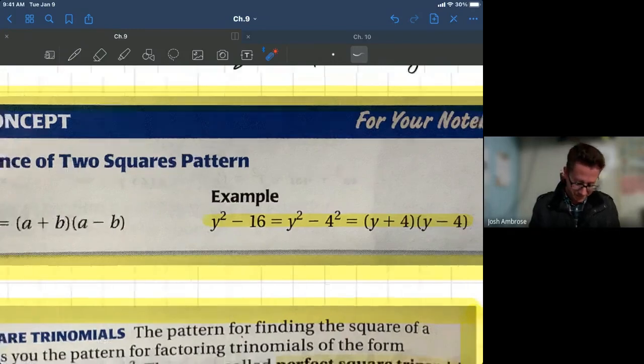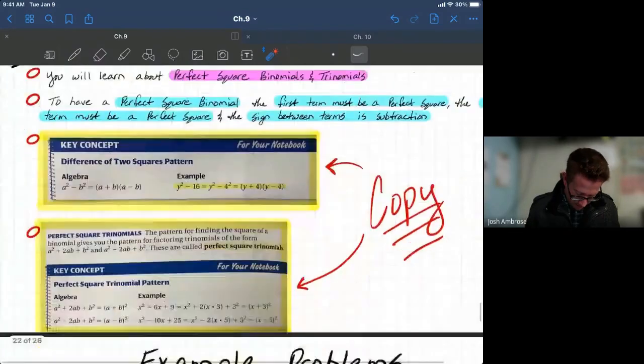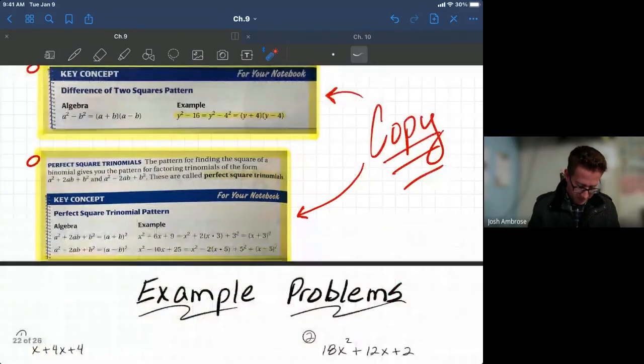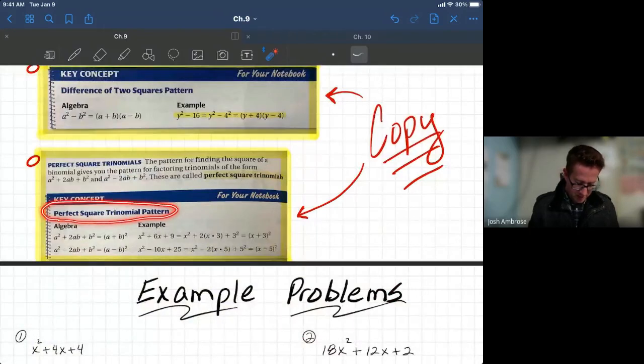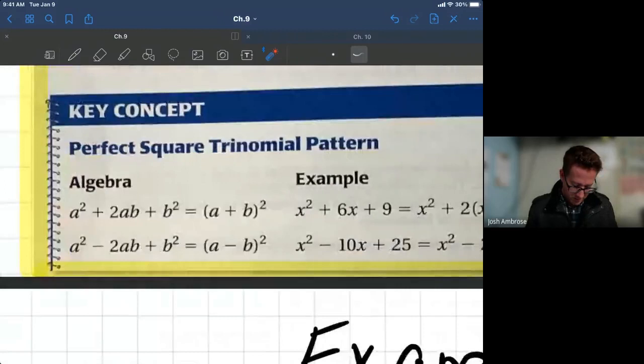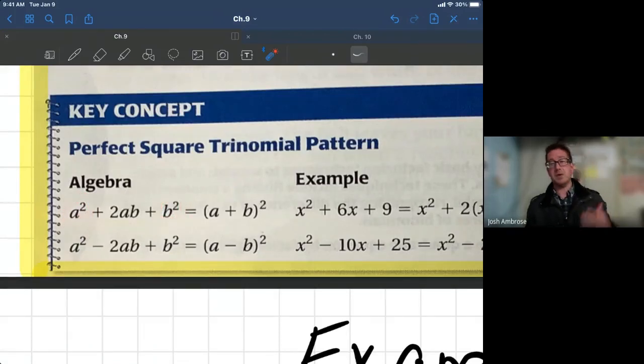Okay? All right. Now, what if it is a perfect square trinomial? Here's what you're looking for. The first term is a perfect square. The third term is a perfect square. Pay close attention to that.